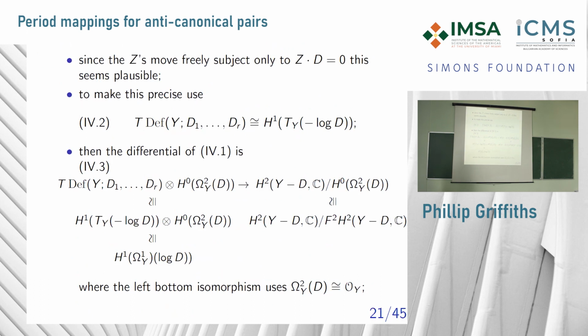And in the notes, there's an argument why this is so. You identify the deformation space, the tangent space to the moduli of pairs with this cohomology. That's a standard Kodaira-Spencer type thing. Compute the differential by seeing when you move the pair, y comma d, and you compute the derivative of the periods, you end up over here.